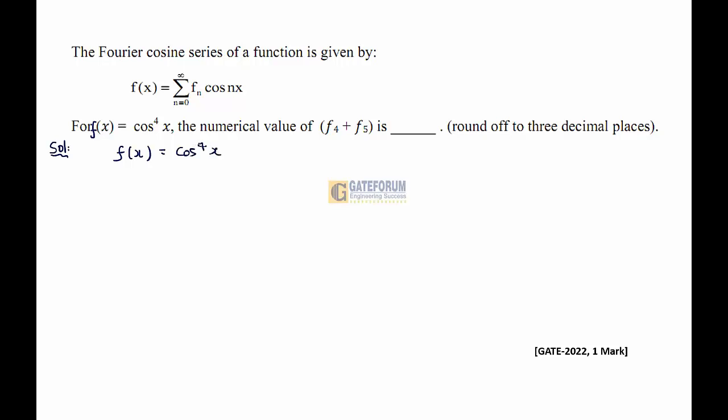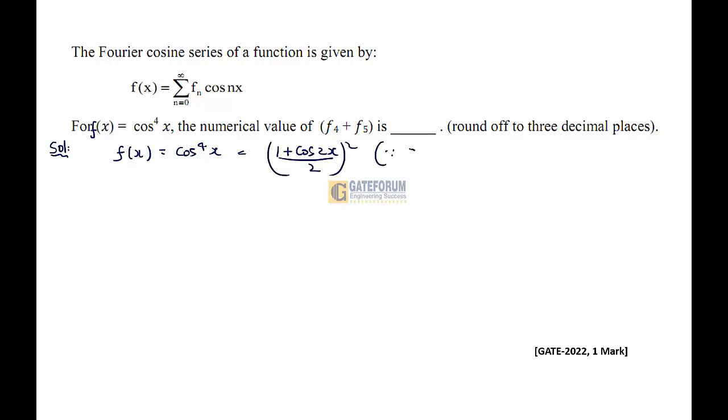So this has to be expressed in terms of cos 2x, cos 3x, cos 4x, etc. That is, we have to eliminate the power 4 by using the trigonometric formula 2 cos square a. So the formula is cos square a equals (1 plus cos 2a) by 2. This is whole square.